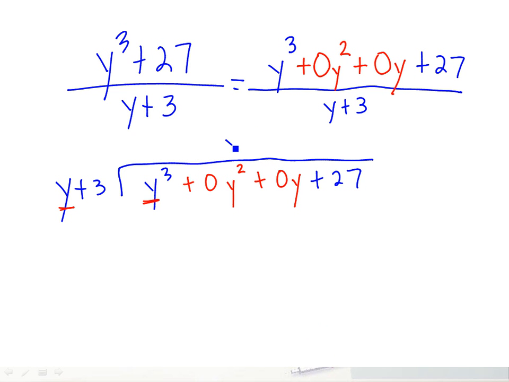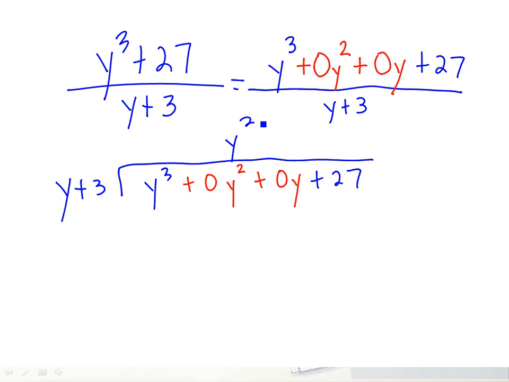Alright, so I'm going to put it over the term with y squared. Just a personal preference, you don't have to do that. Then we multiply y squared times y plus 3. I would say you should maybe pause and see if you get what I get, but since this is a problem with placeholders, you might want to work this with me, and then maybe the next problem see if you can do that one on your own.